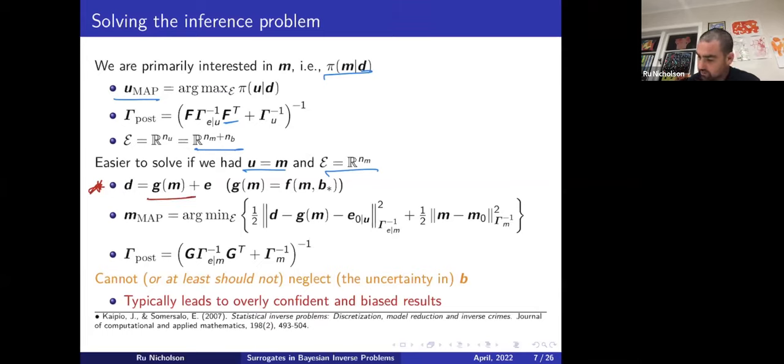Here we're just saying that G is essentially an arbitrary model at this point, but it's not dependent on the auxiliary parameters, the parameters which are not of primary interest. For example, those auxiliary parameters are just fixed at some nominal value.